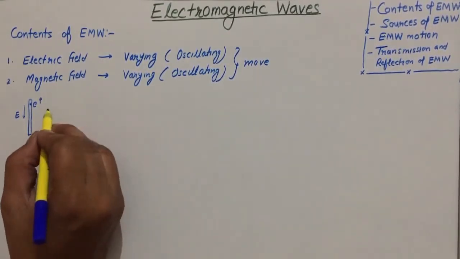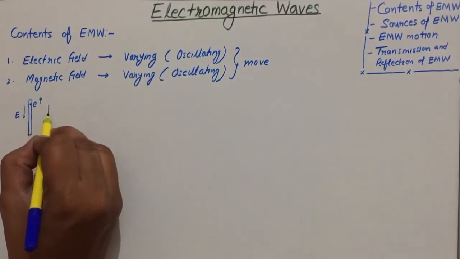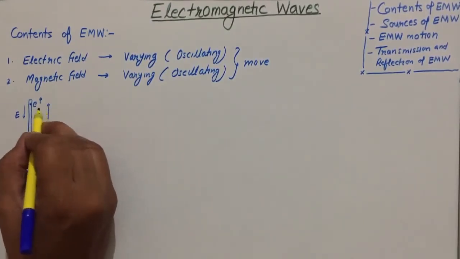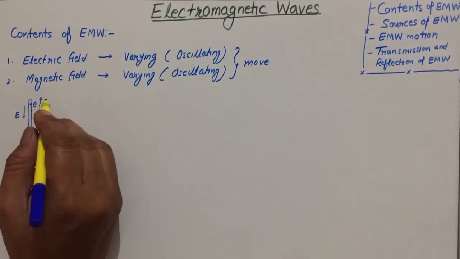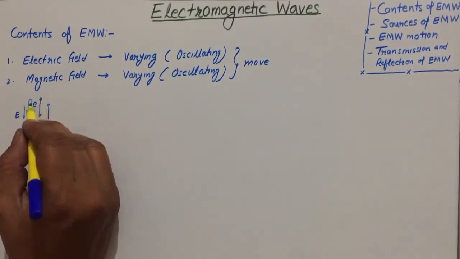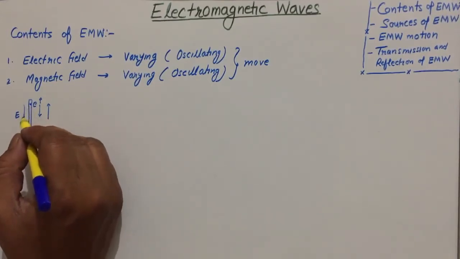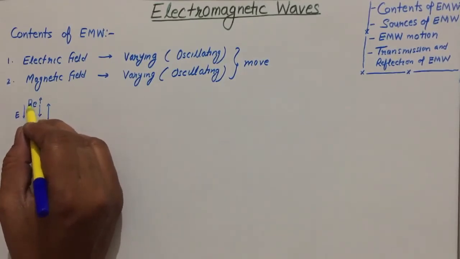And if you apply the electric field in this direction, then the force will be experienced in the opposite direction, like this. So when there is a conductor in which the charged particle is there, when waves are moving, it oscillates.